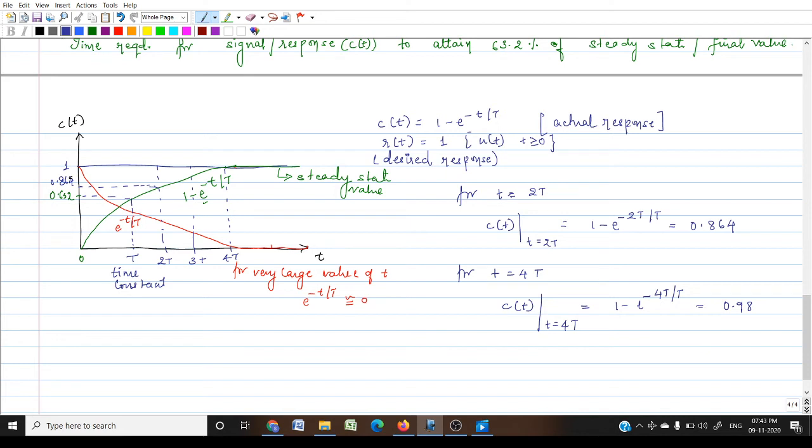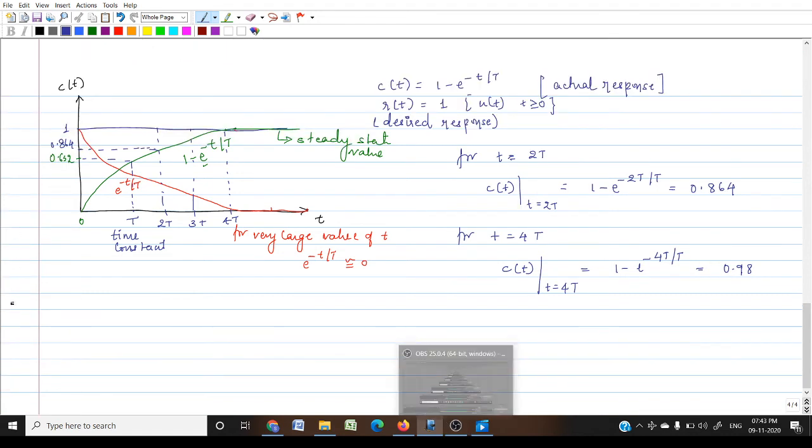Fine. So now from this we can derive something called the settling time. The settling time and the rise time are very important. Clear? So first we will look into the settling time.